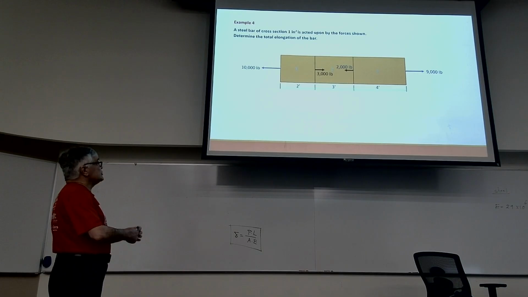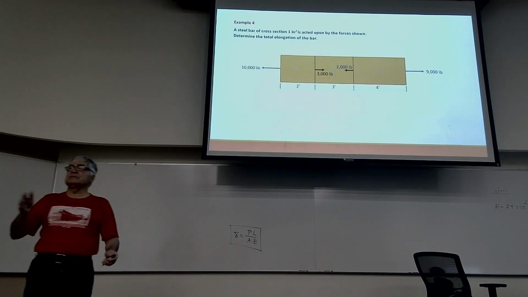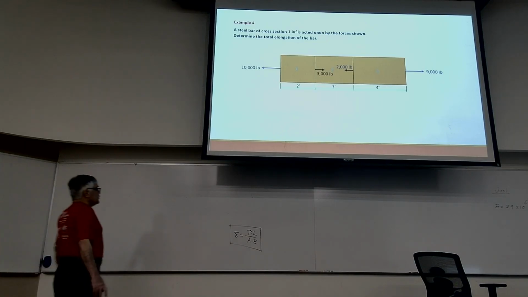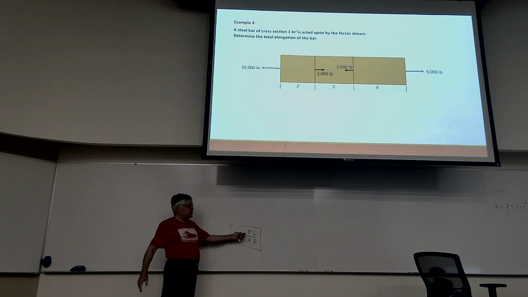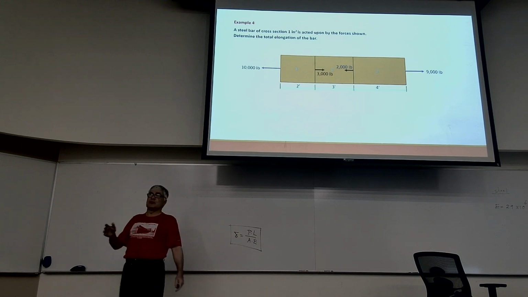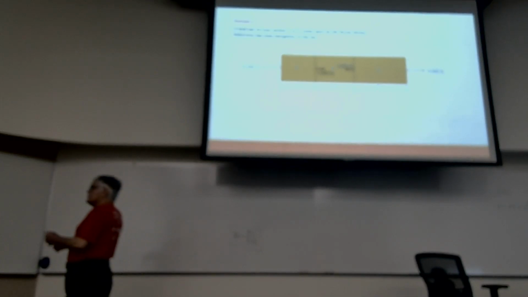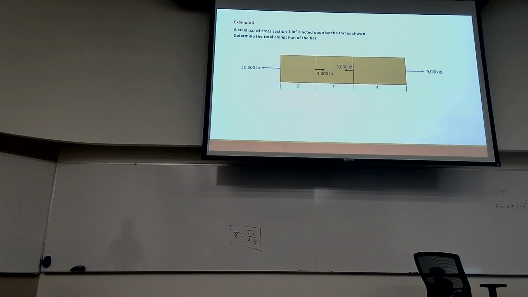We're going to look at segments 1, 2, 3 separately. That means when we apply this equation, P is going to be the internal force in that segment, and internal forces can only be found from free body diagrams and equilibrium, meaning statics.